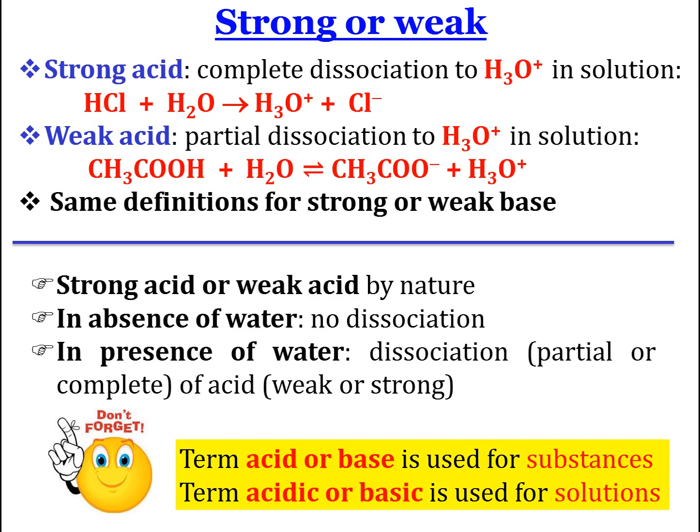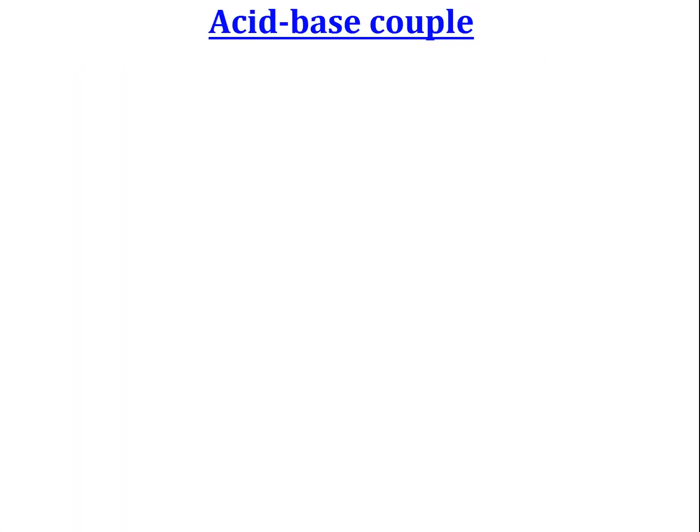The terms acid or base are used for substances, and the terms acidic or basic are used for solutions. HCl is an acid. In the presence of water, it gives an acidic solution. The dissociation of acid or base proceeds only in the presence of water or in solution.